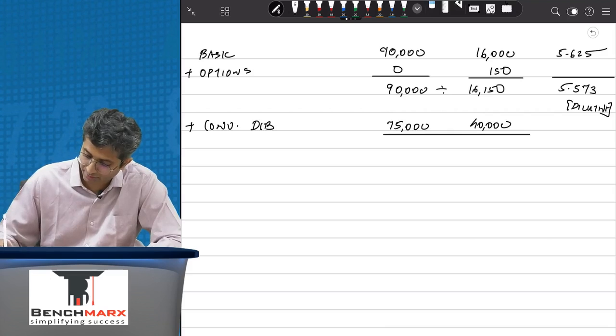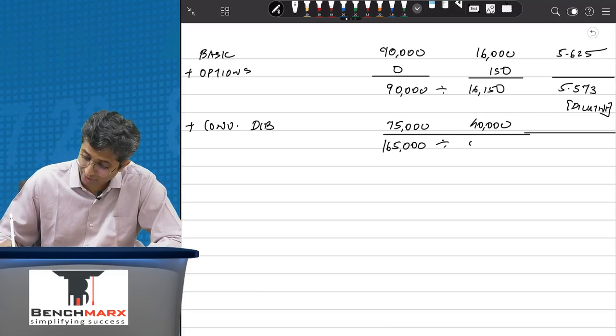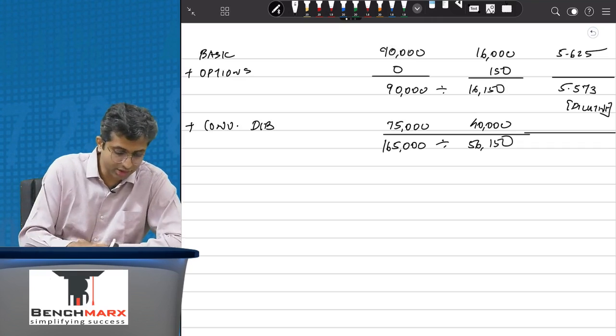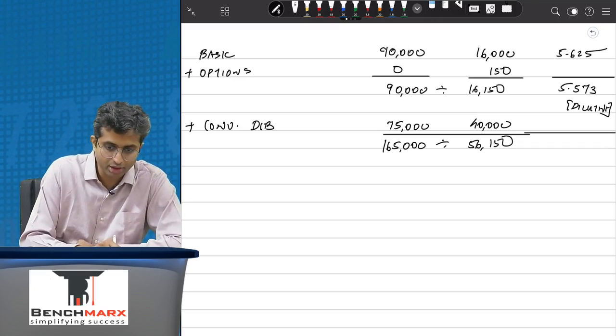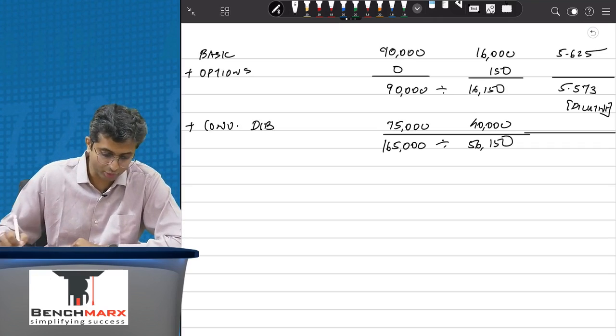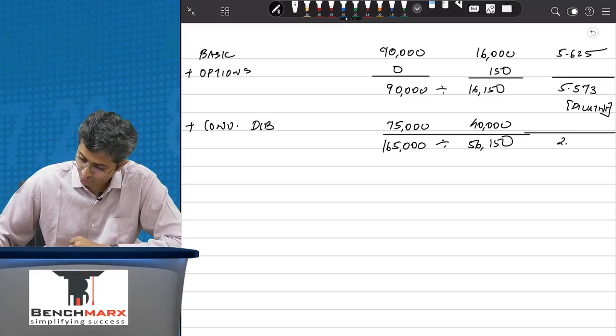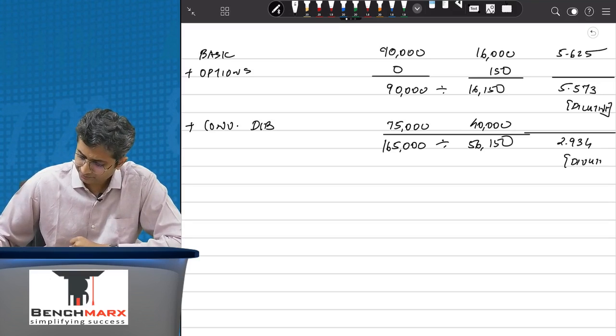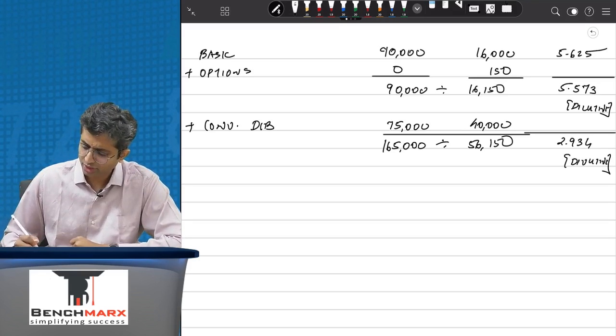So that's quite a big addition, in which case we have 1,65,000 of profit to be shared between 56,150 shares. So this is 165 upon 56,150, which will come to 2.934, which is definitely a fall. So this is also dilutive.